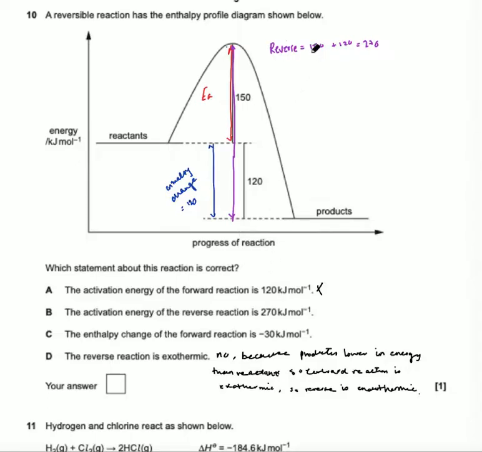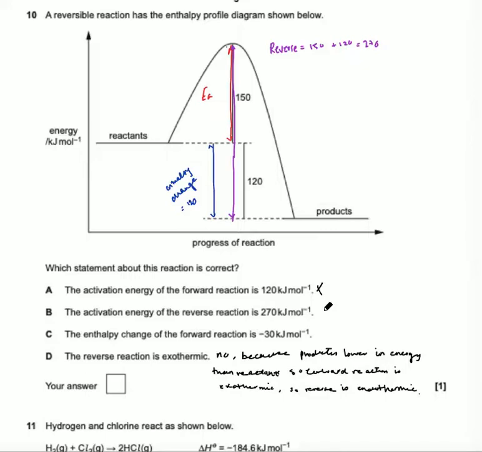The activation energy of the reverse reaction is 270 kilojoules per mole. Right. I've done the reverse using purple. The reverse means we go from the products back to the reactants. That means we're going to have to go from here all the way back to here. So you do 150 plus 120 gives you 270.